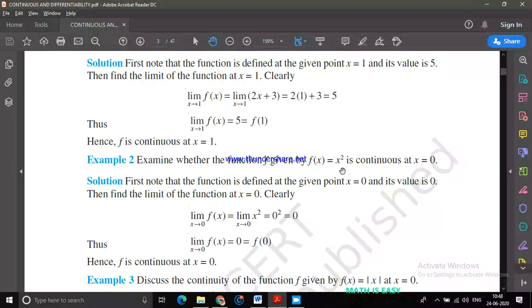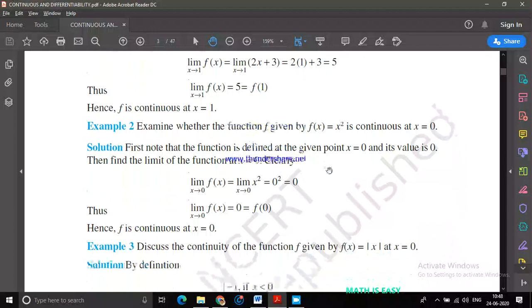So the limit as x tends to 0 minus of f of x: 0 square will be 0. The limit as x tends to 0 plus: 0 square is also 0. And f of 0 is also 0. Hence, this function is also going to be continuous at x equals 0.